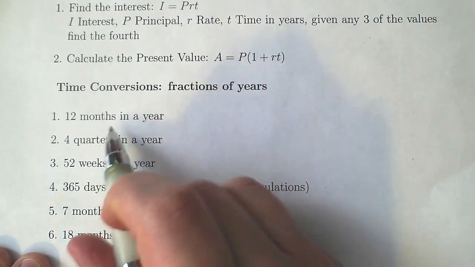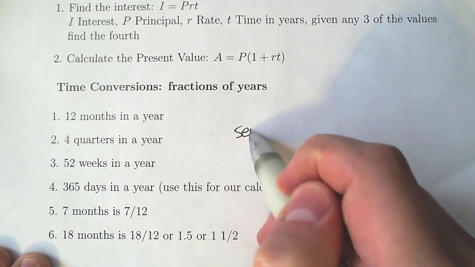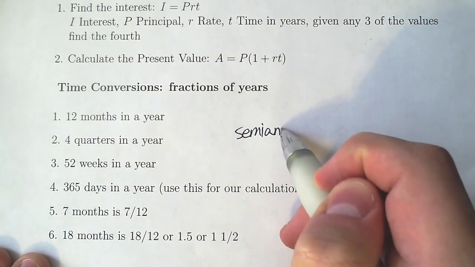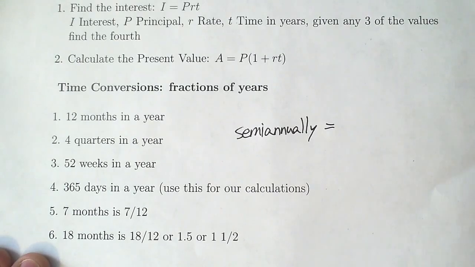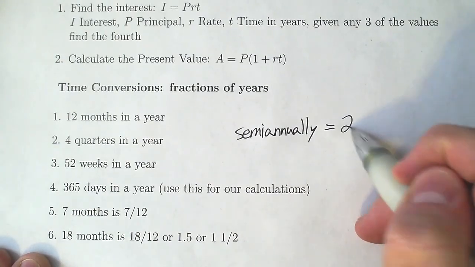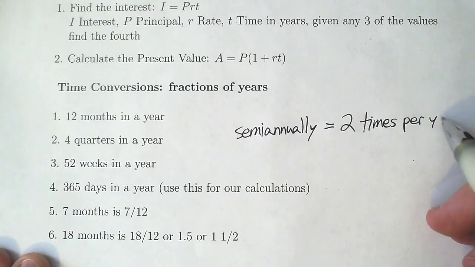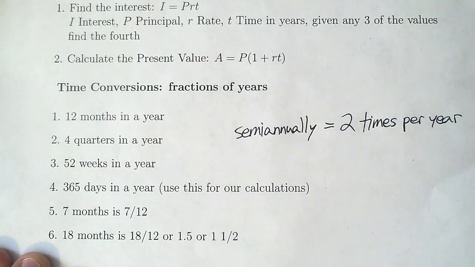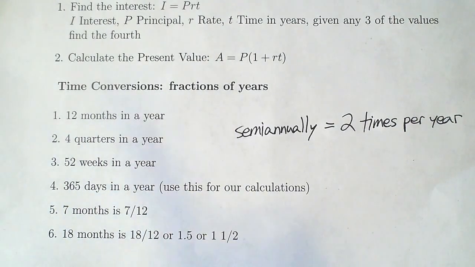One of the other ones that was mentioned earlier in the chapter was semi-annually. It doesn't come up that often, but I have seen it in some problems, and that means 2 times per year. So just in case you see that, this is usually going to be the value of n that you have to use. Let's look at the next page.